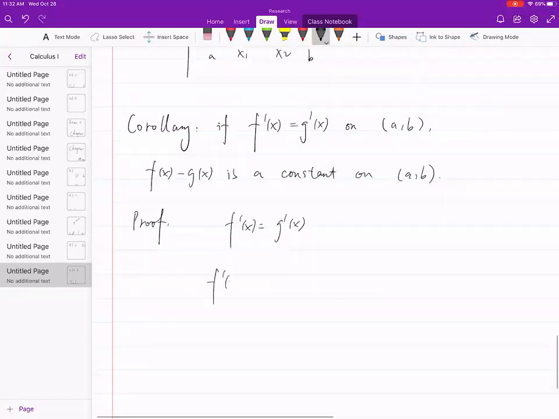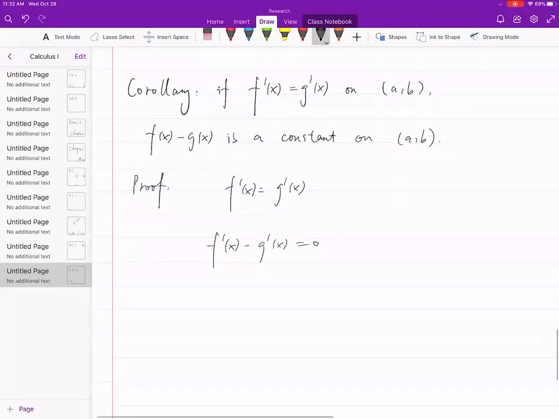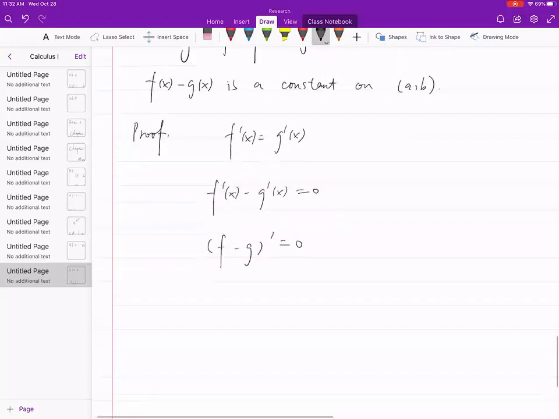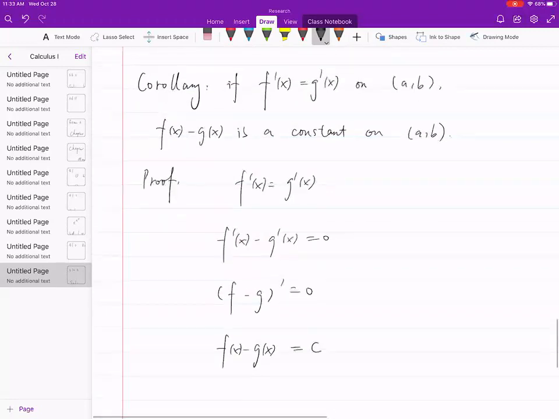That means f prime x minus g prime x equals 0, right? That means (f minus g) prime equals 0 because of the differentiation rule, right? But if the derivative of some function is 0, that means what? That means the function is a constant. We just proved it. Still okay? Cool. So we have this corollary.